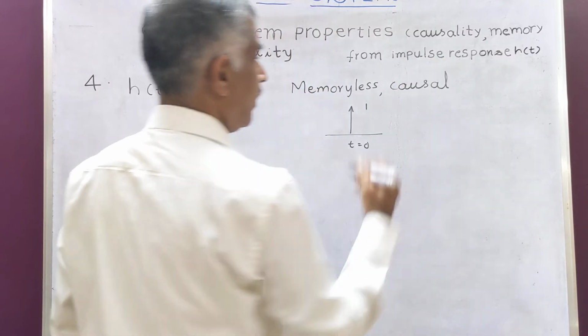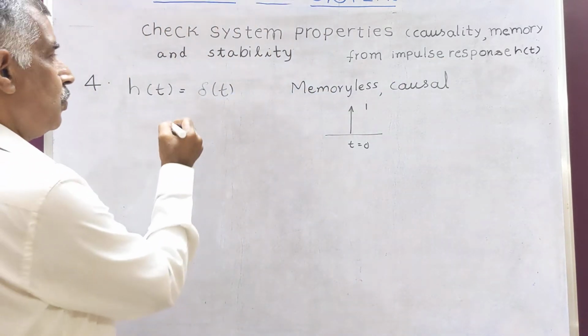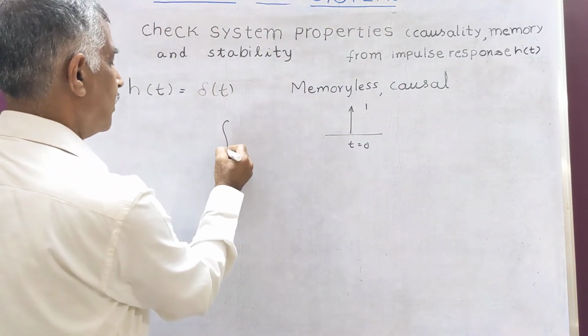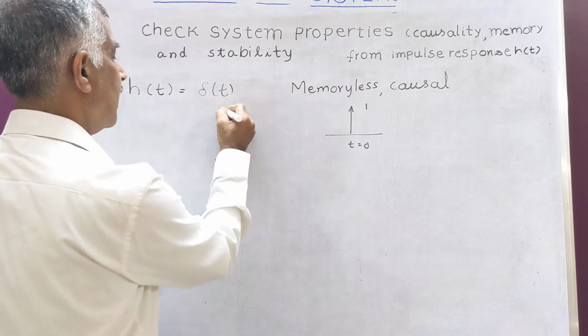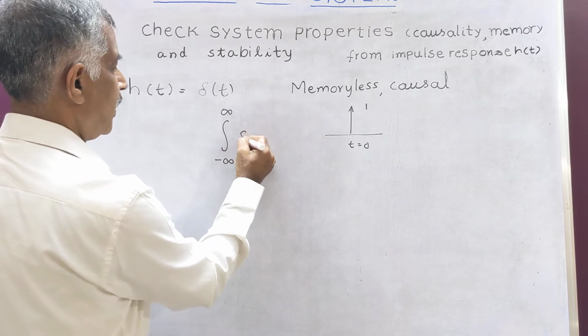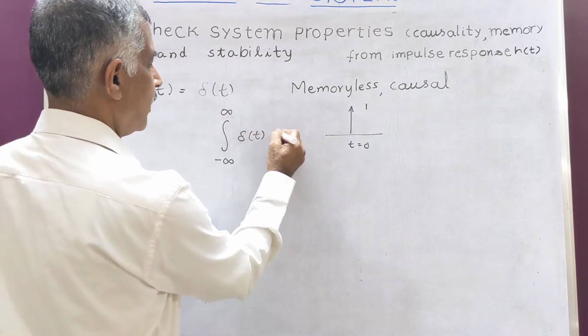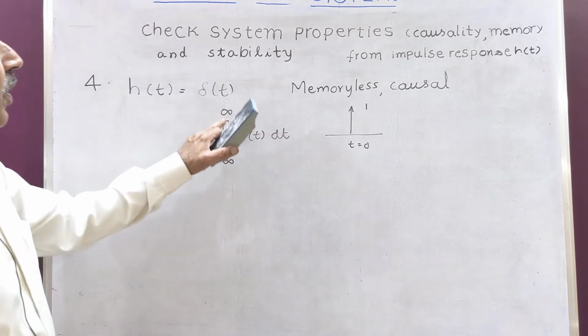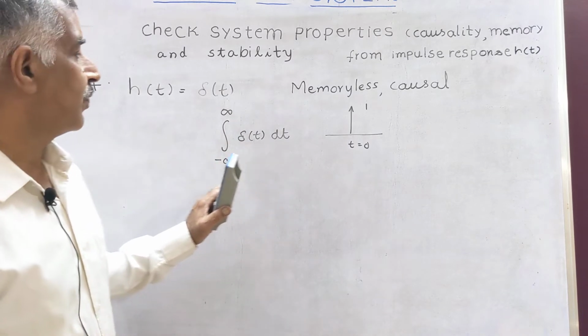Next, to check stability, we have to integrate between minus infinity and infinity of h(t), that is, delta(t) dt.